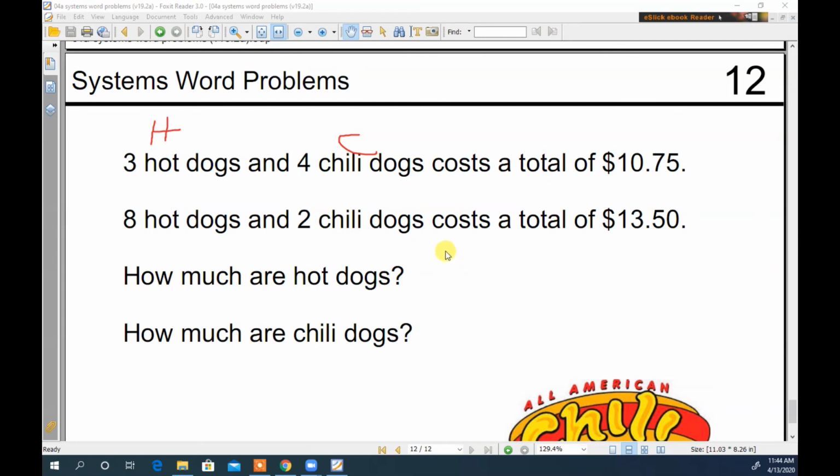So I'm going to go with 3 hot dogs. That's actually the price of the hot dogs. 3 times the price of the hot dogs plus 4 times the price of the chili dogs equals my total of 1075.